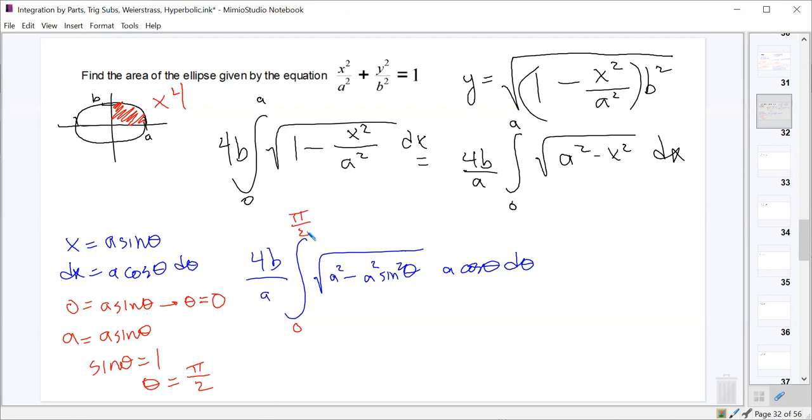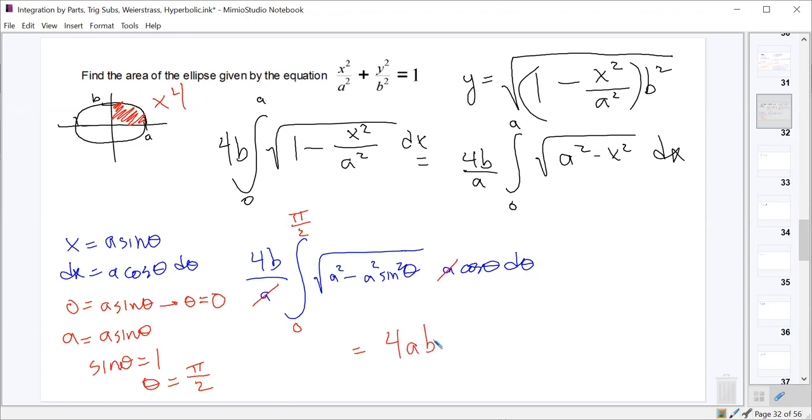Groovy. Wonderful. All right. First off, the a here and the a here should cancel each other out. True? Yeah. All right. And then the a squared minus the a squared there, you can factor the a squared out of that and pull it out of the square root, which just gives you an a, which can go out in front.